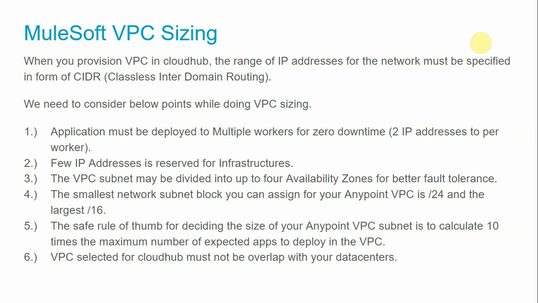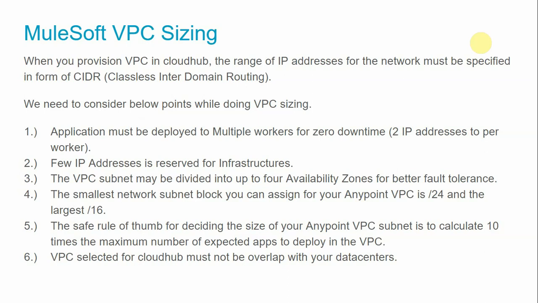The VPC subnet may be divided into up to 4 availability zones for better fault tolerance. MuleSoft supports a smallest subnet block of /24, which gives 256 IP addresses, and a largest subnet block of /16, which gives 65536 IP addresses.